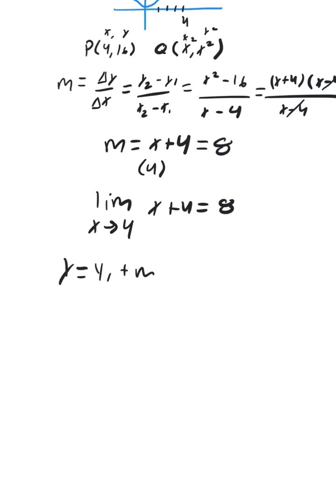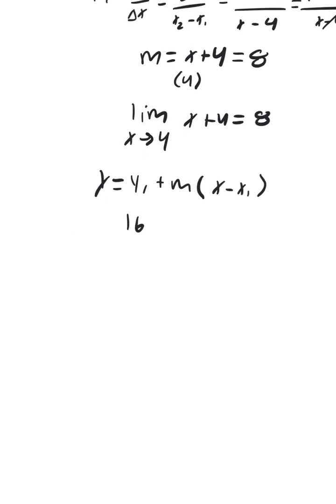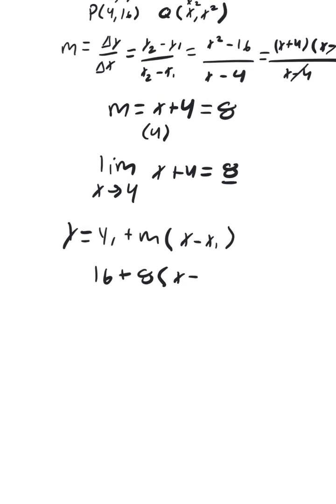y equals y1 plus m times x minus x1. Okay, so we know that y1 is 16 plus our slope, which is 8, times x minus 4.